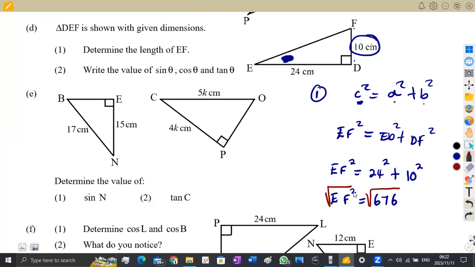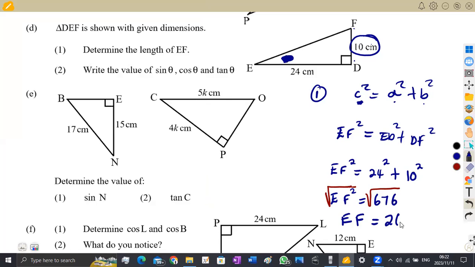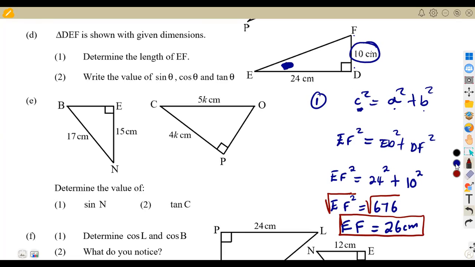So you determine the square root of both sides and obtain the length of EF. That length of EF is simply the square root of the answer that we had, which is 26. So this gives us 26 centimeters. According to what we are given, the units are in centimeters, so your answer is supposed to be also in centimeters. So you now have the value of EF, which is 26 centimeters.